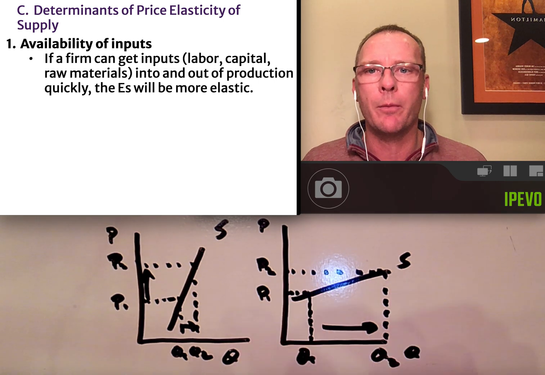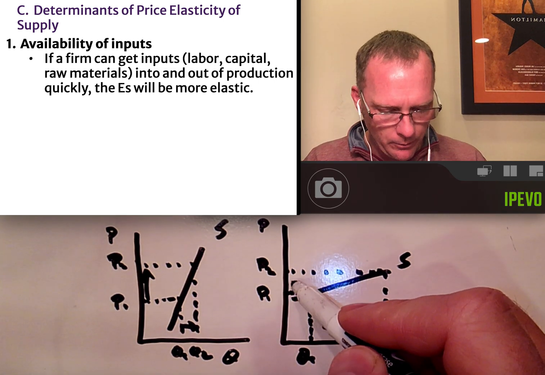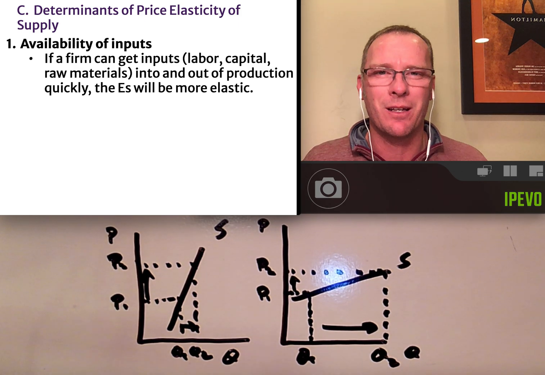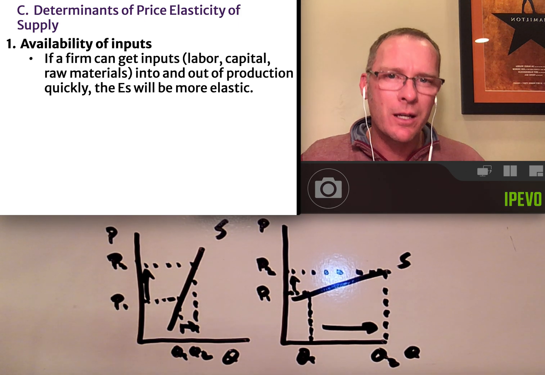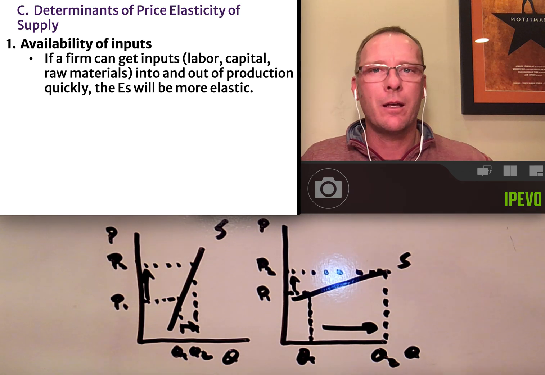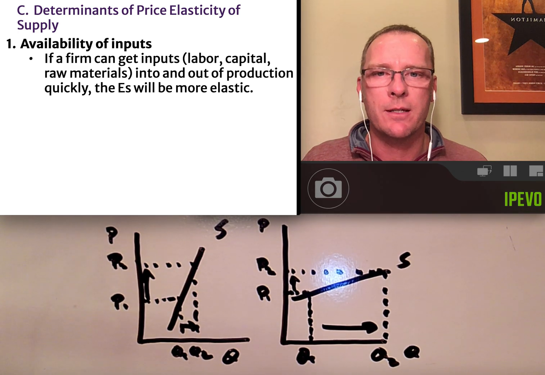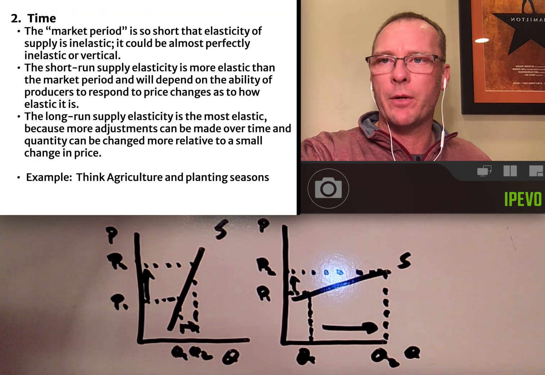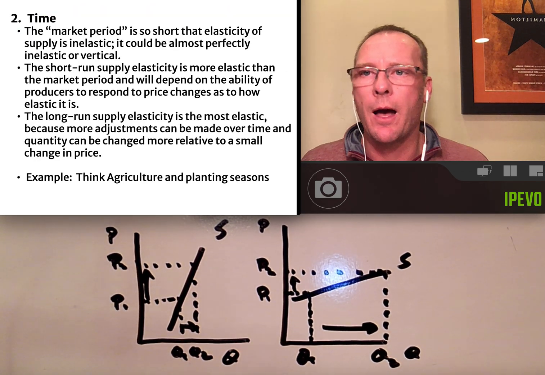So you get a little bit more for that good, a little bit of price, and you're going to jam out a whole bunch of quantity because those inputs are easy to get. It's easy to get cotton t-shirts, easy to get a printing thing, and then you print up the shirts, you sell them, and you sell a whole bunch of quantity. That's availability of inputs. The other one for this one would be time.